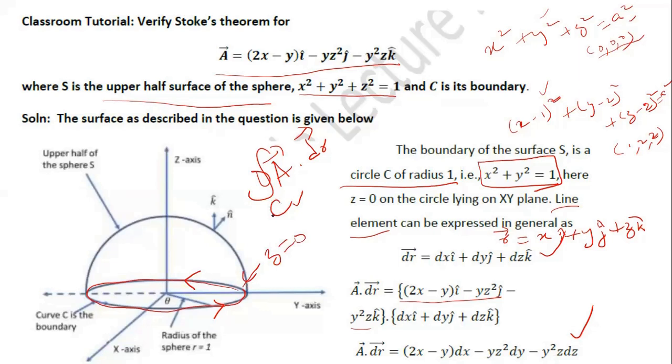When you move around this closed curve, for every point here, z is 0, because the closed curve is a circle on the xy plane, x squared plus y squared equal to 1.